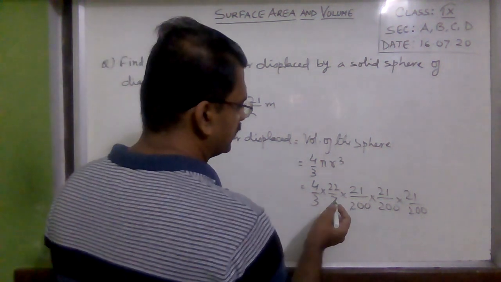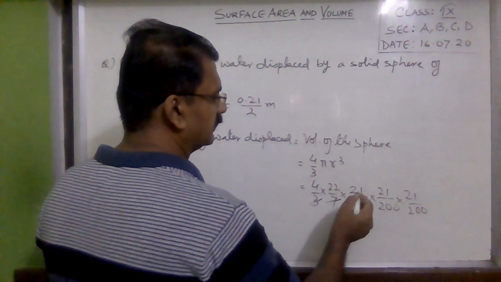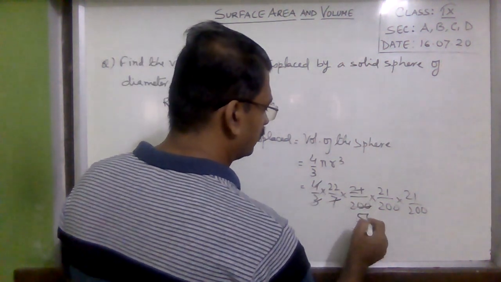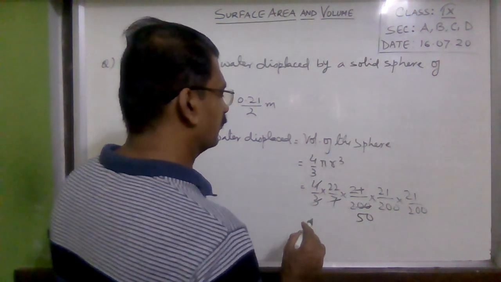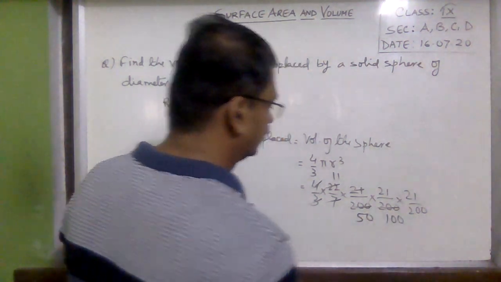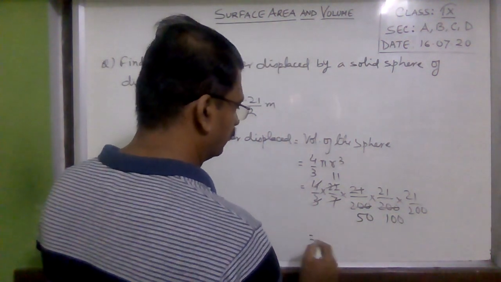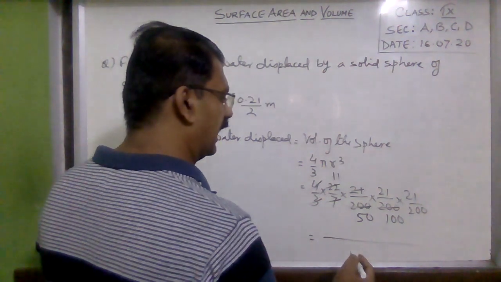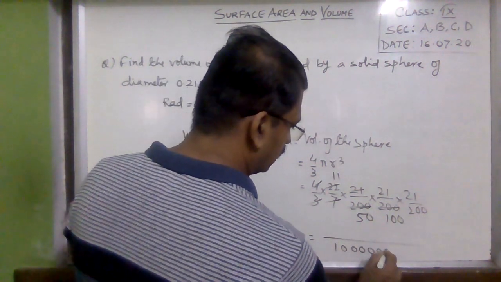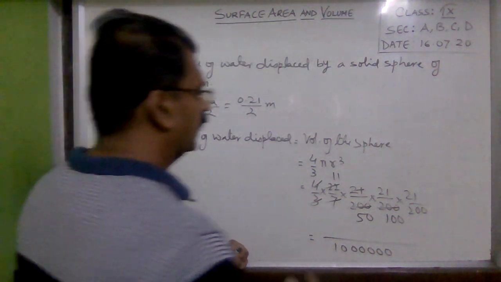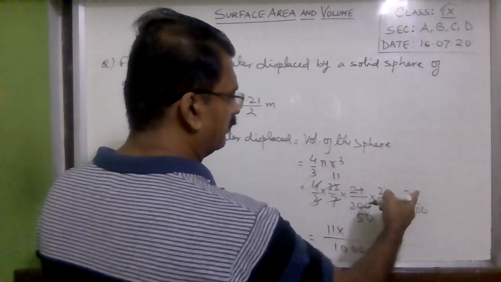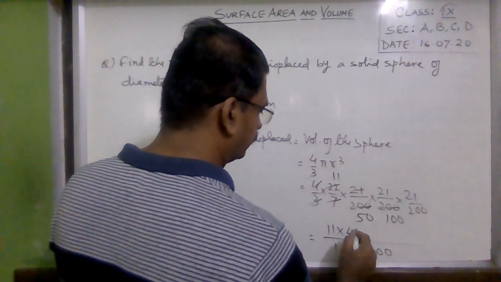Now you see 7 into 3, 21 cancelled, 50 here, and then like this. Okay, so in the denominator we will have 1, then 6 zeros are there, and we have 11 into 21 into 21 is 441.